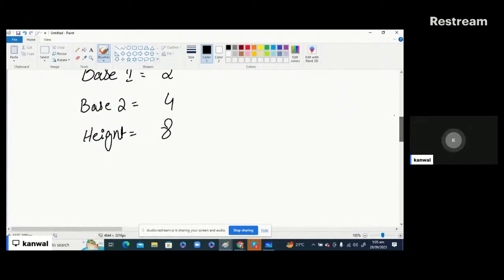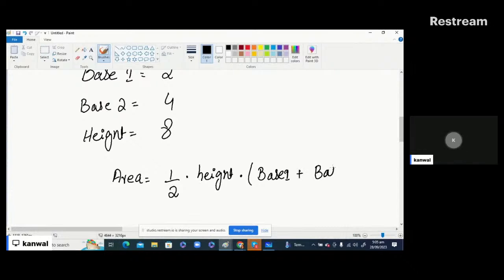Let's put it in the formula. Area equals half times height times base 1 plus base 2.